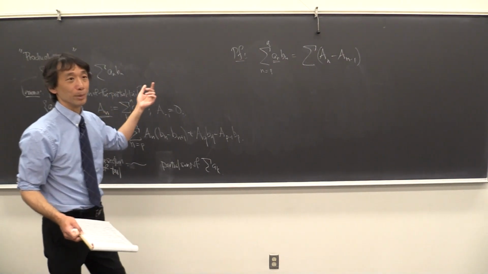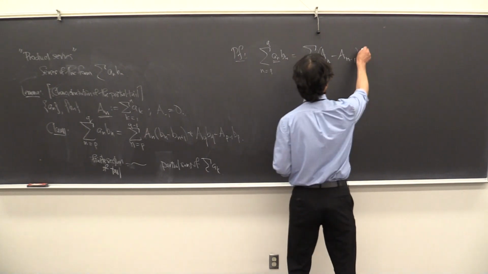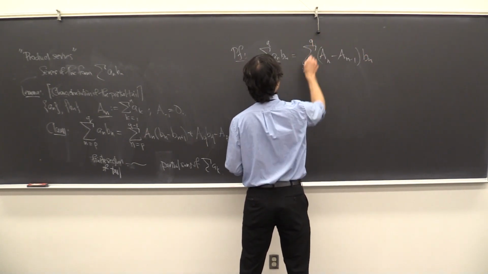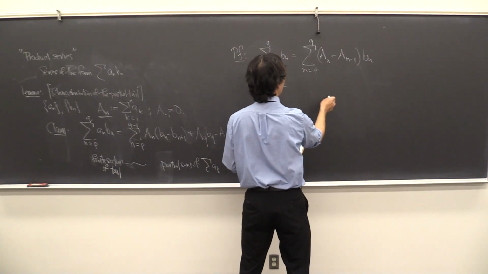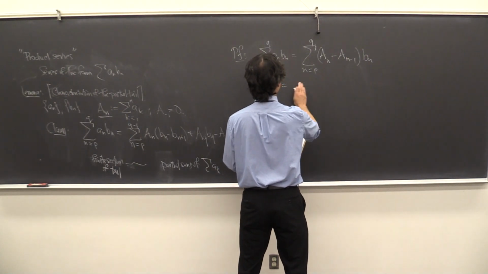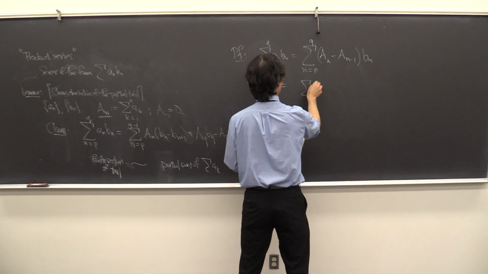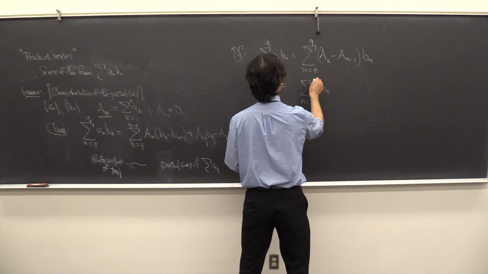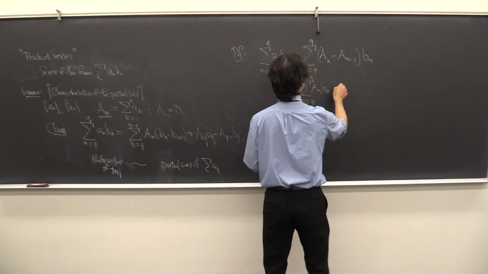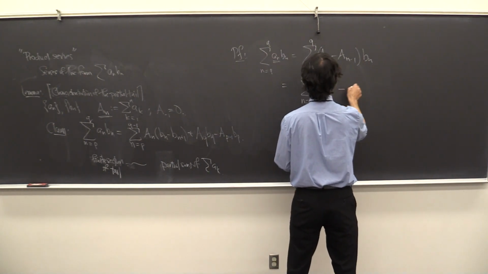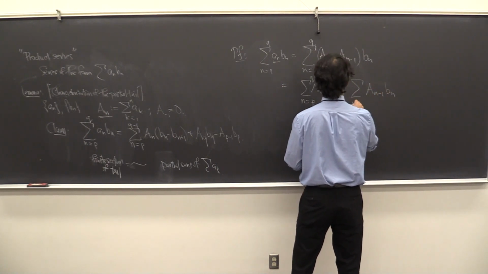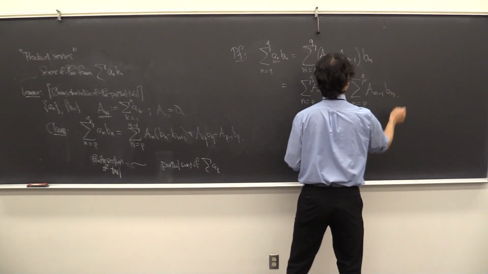That just leaves the top term, a sub n. That's the first thing we do. And then we distribute: the sum of A sub n, b sub n from p to q, minus the sum of A sub n minus 1, b sub n from p to q.